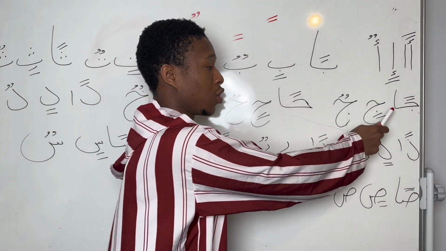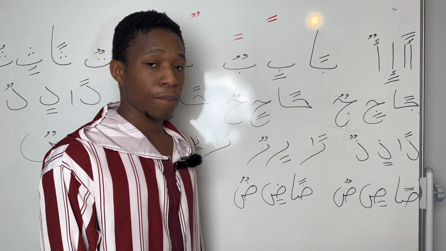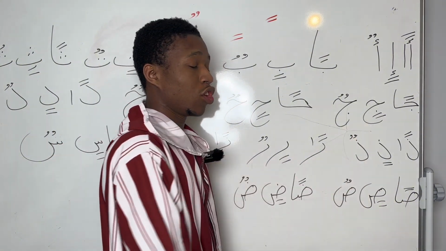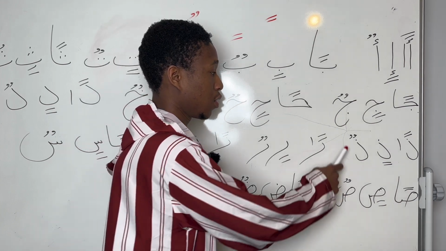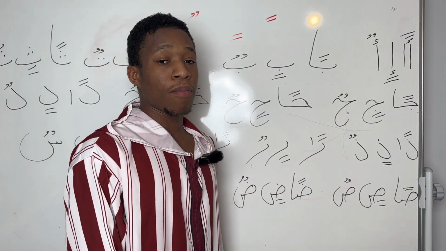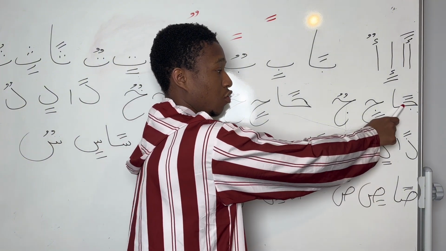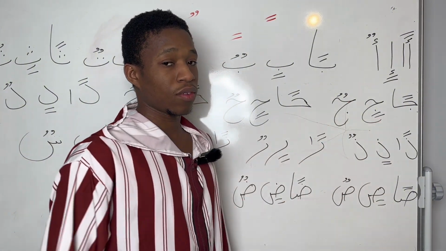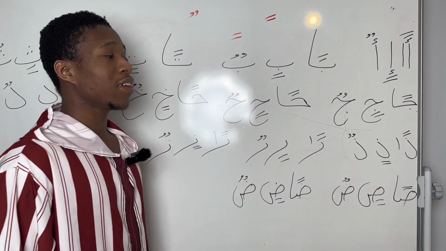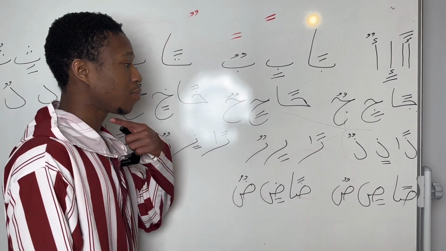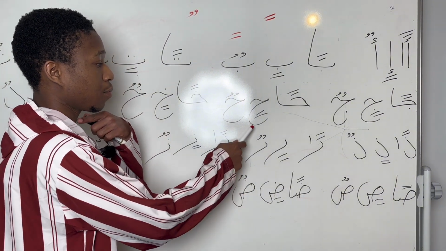Okay, now jim. Jim fathatan, jan. Jim kasratan, jin. Jim dhammatan, jun. Jan, jin, jun. MashaAllah. Ha fathatan, han. Okay, remember from the middle of your throat.